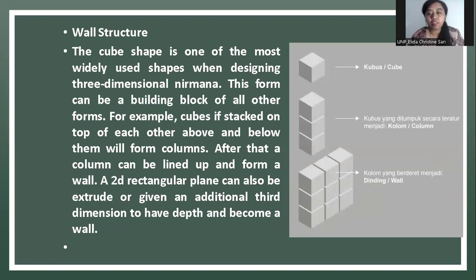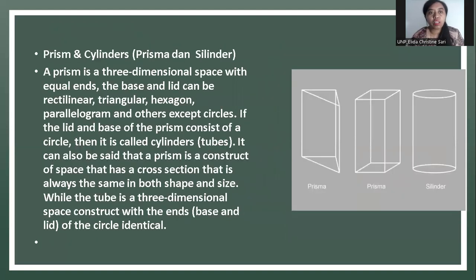For example, a cat's box. Okay, cube and then prism with cylinder. However, a prism has 3 dimensions, a space with equal ends. The base and lid can be a rectangle, triangle, or hexagon. The order is variable, except for the circle: if the line is based on the concept of the circle, then it is called a cylinder or tube.